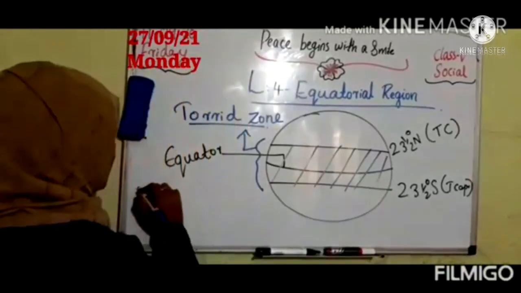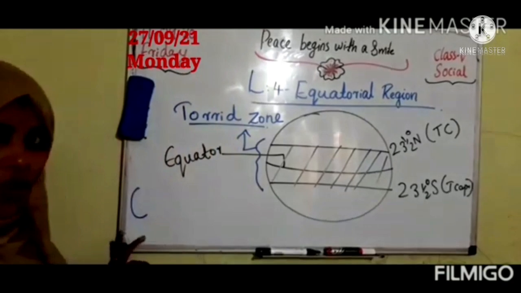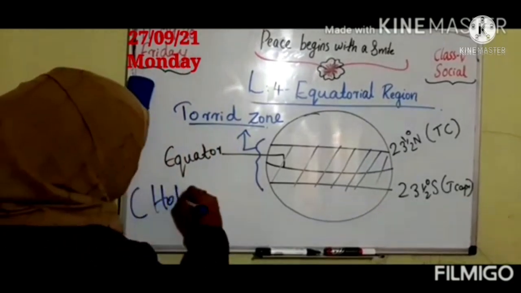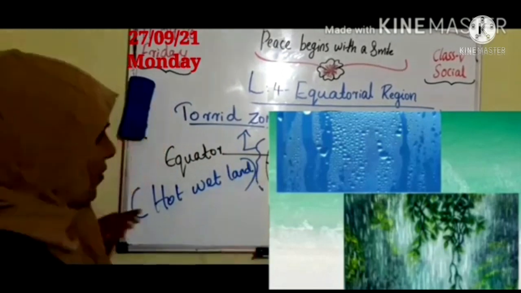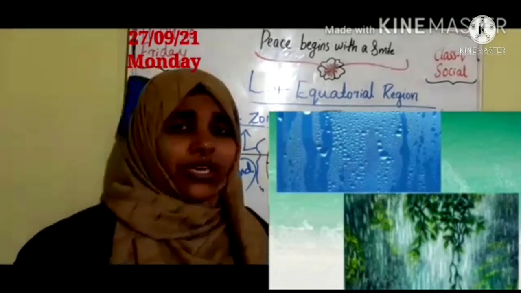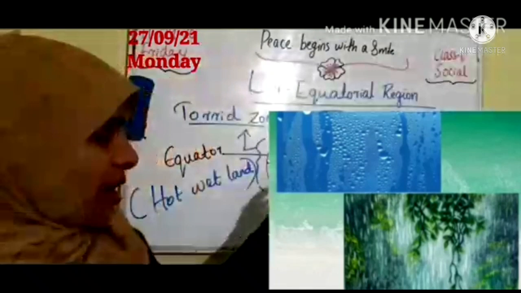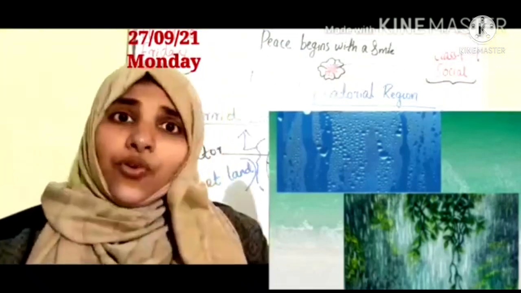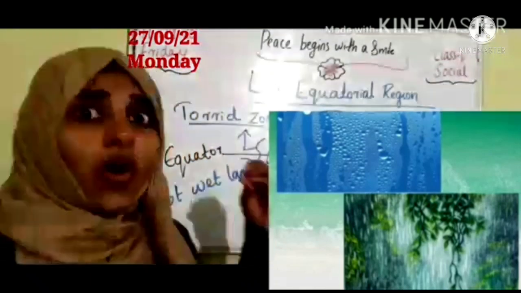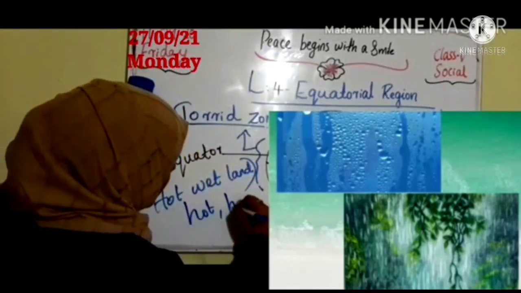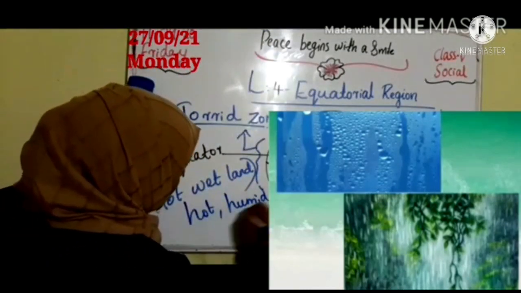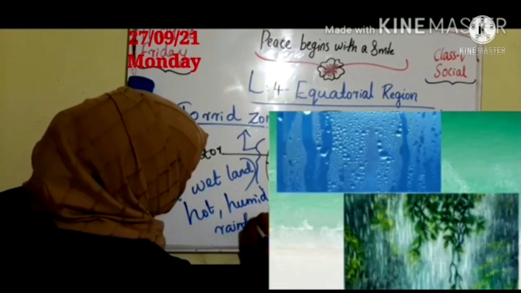This equatorial region we also call the hot wetland, because we already discussed that in the equatorial region there is full rainfall throughout the year, and it is hot throughout the year also. So this region is very hot, humid and rainy throughout the year, is it?